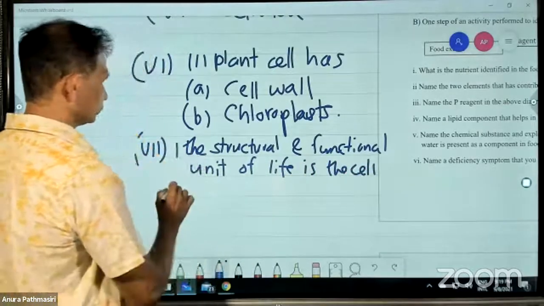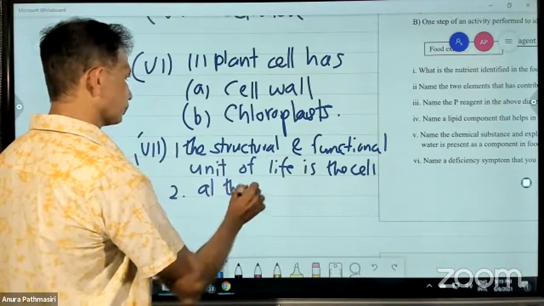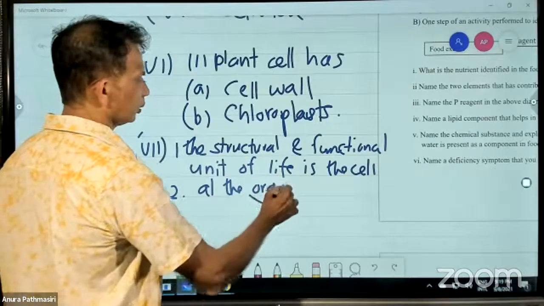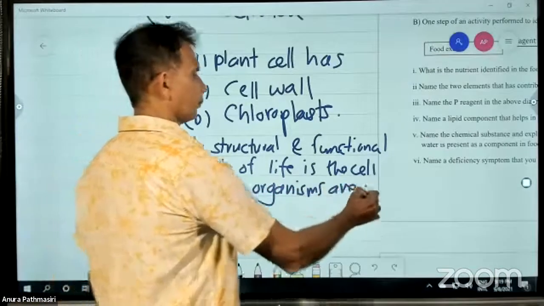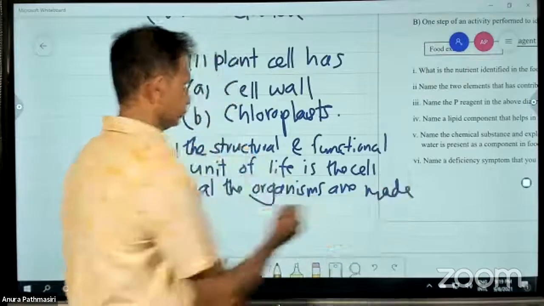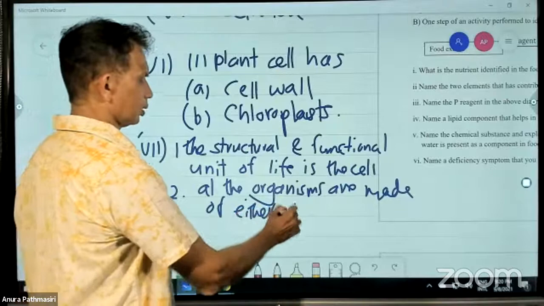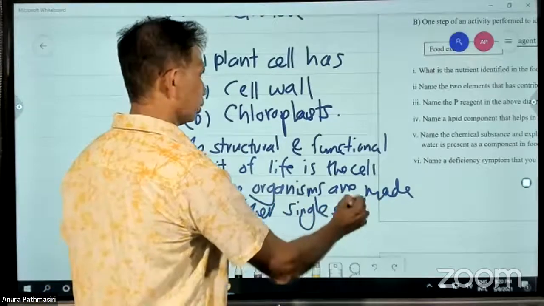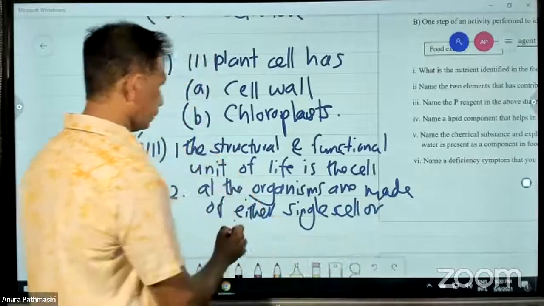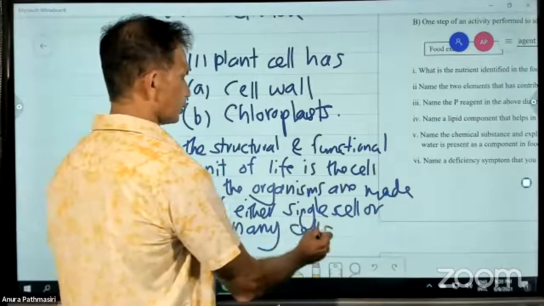That one and the other one: all the organisms are made of either single cell or many cells.